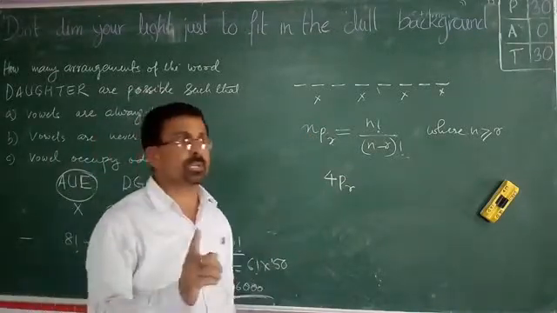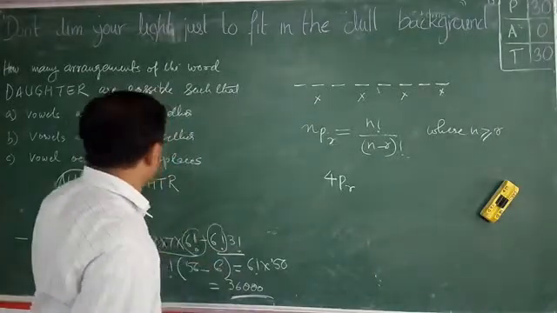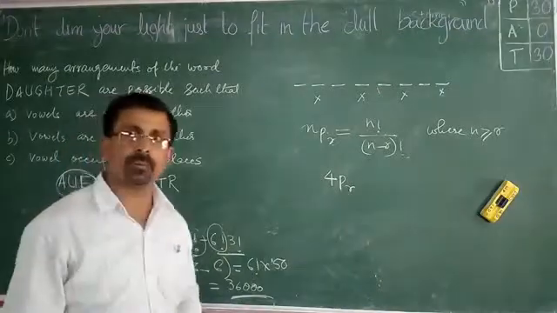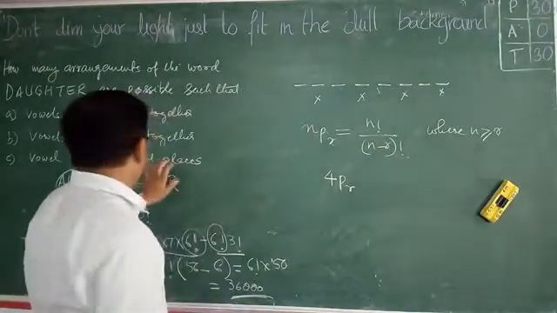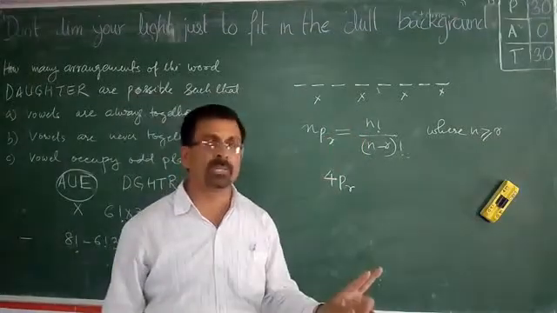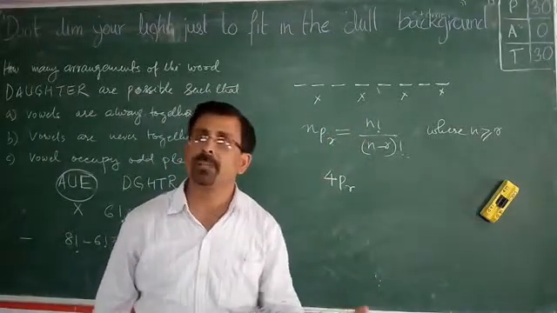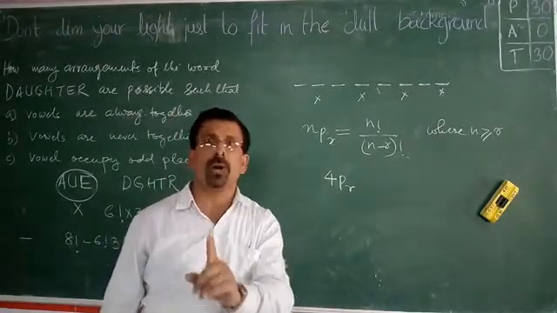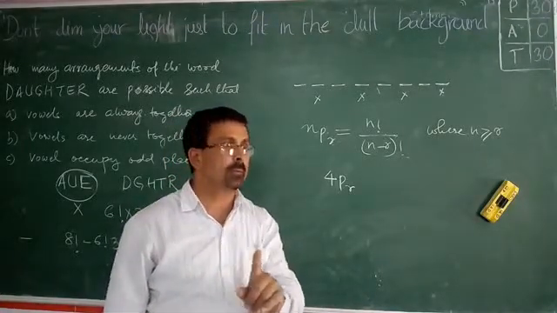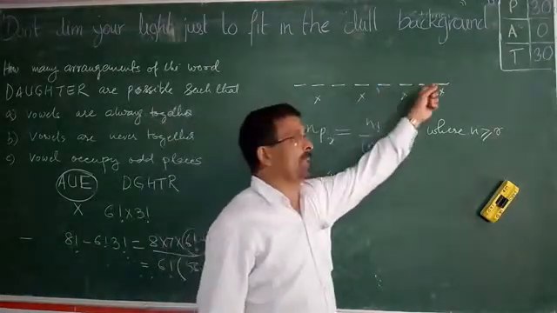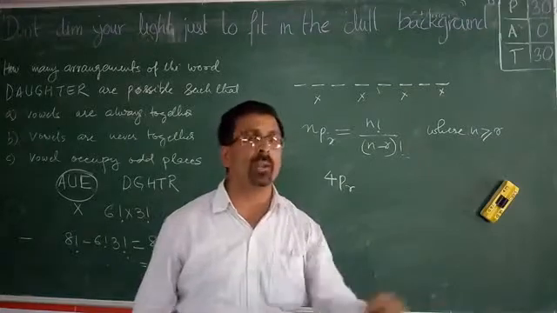Yes, sir. Another trick is, in such cases where you have to talk about the odd or the even places, after you have placed the items in the odd places, you are left with even places. Now, whatever number of things you have, the number of places available will simply be increased by 1.